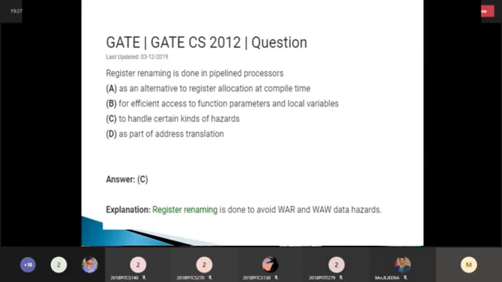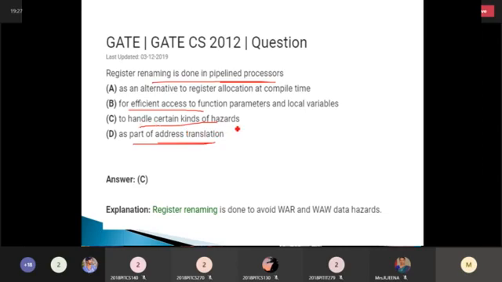So one example, one question here. Register renaming is done in a pipelined processor as an alternative to register allocation at compile time, or for efficient access to function parameters and local variables, or to handle certain kinds of hazards, or as part of address translation. So which one do we need to choose?